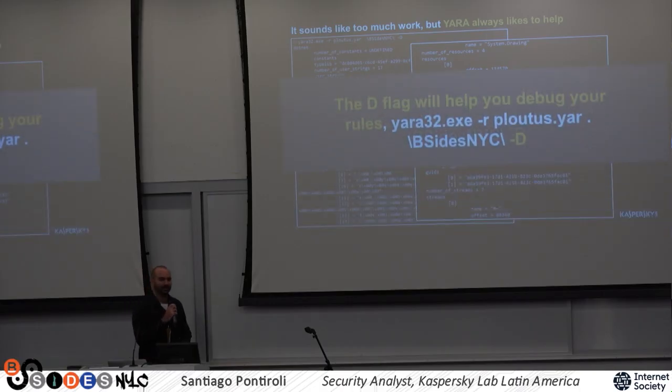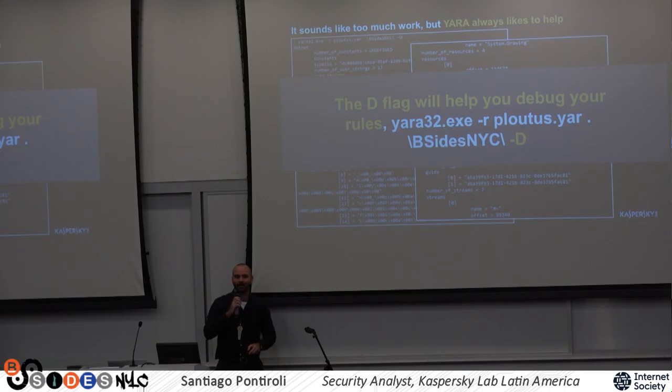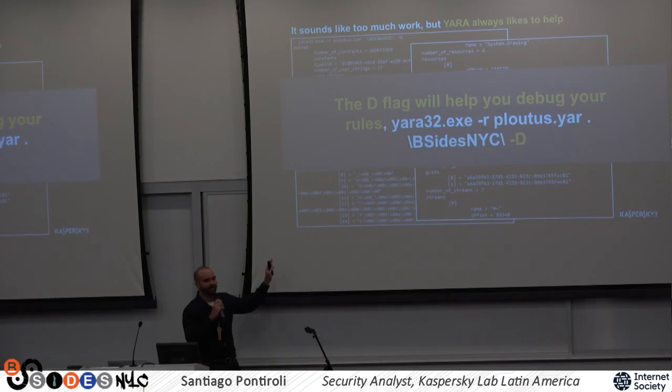So you just call your rule where you're scanning with -d, and YARA will tell you. For example, you can just write a rule that says condition false, and at the beginning import the .NET module, just .NET, and run it, and then YARA will tell you, this is what I was trying to match your rule against.